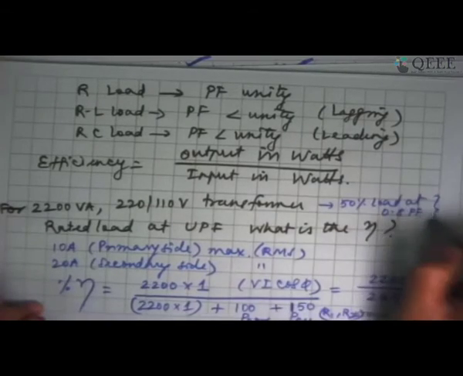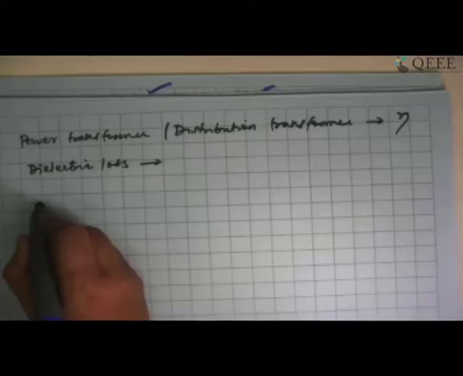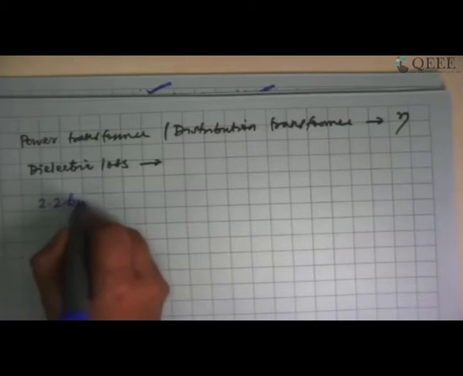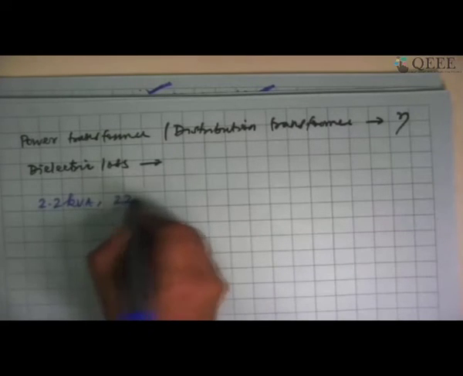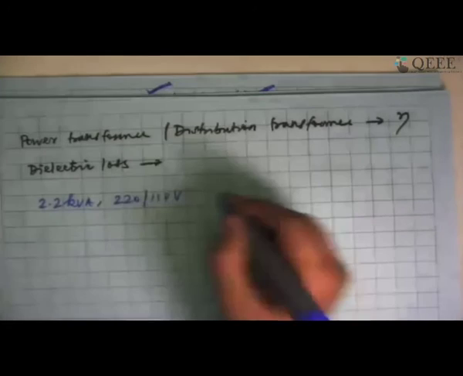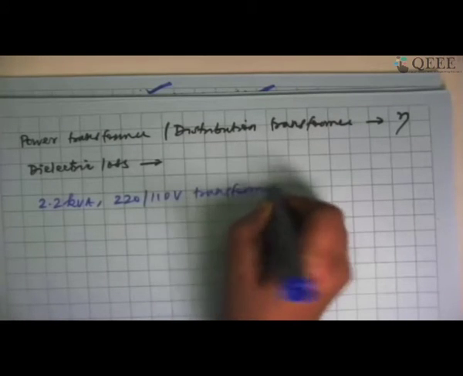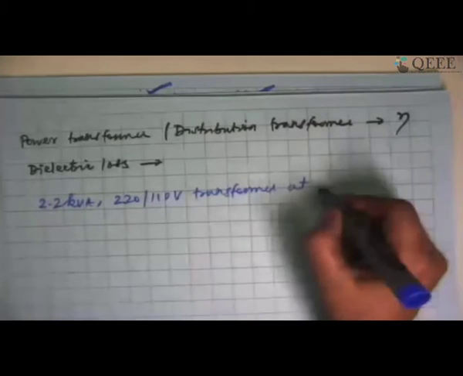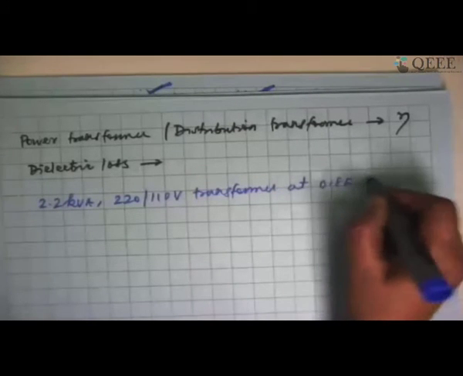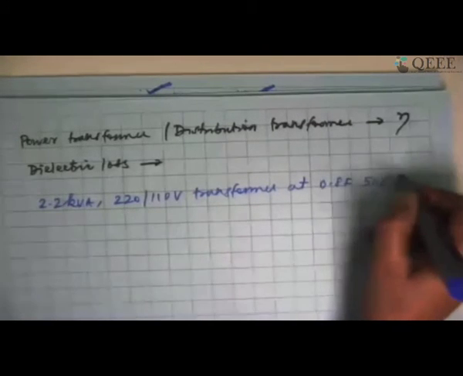Please try to calculate. So first thing is I had asked you to calculate the efficiency for this 2.2 kVA 220 by 110 volts transformer at 0.8 power factor 50% load.